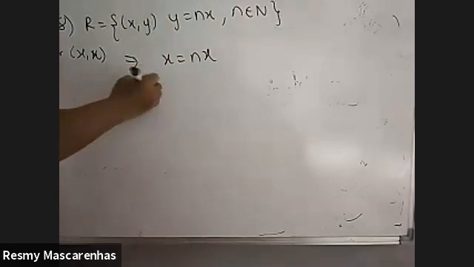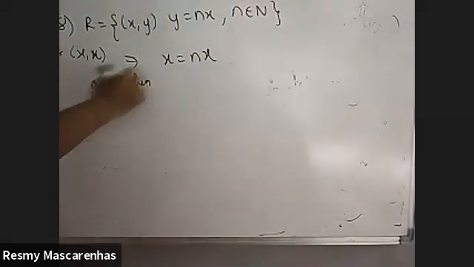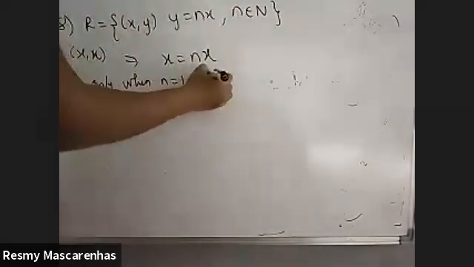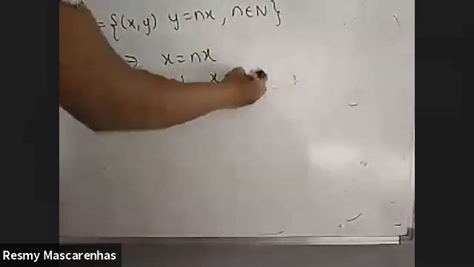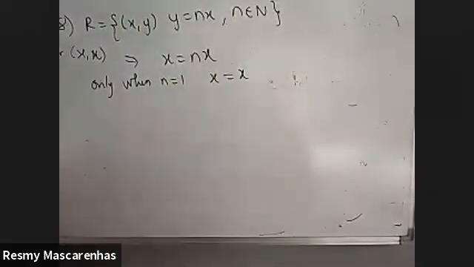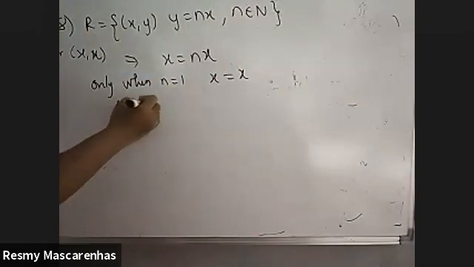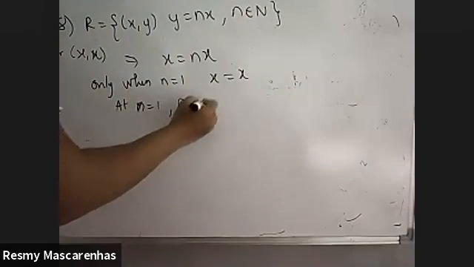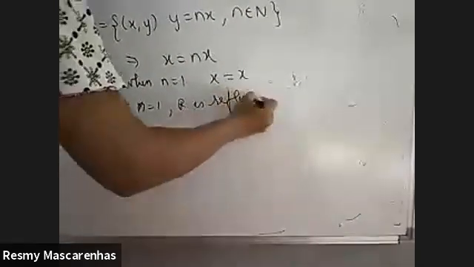Only when n is equal to 1. Put any natural number, listen, see. When n is equal to 1, x will be equal to x. So at n is equal to 1, R is reflexive.